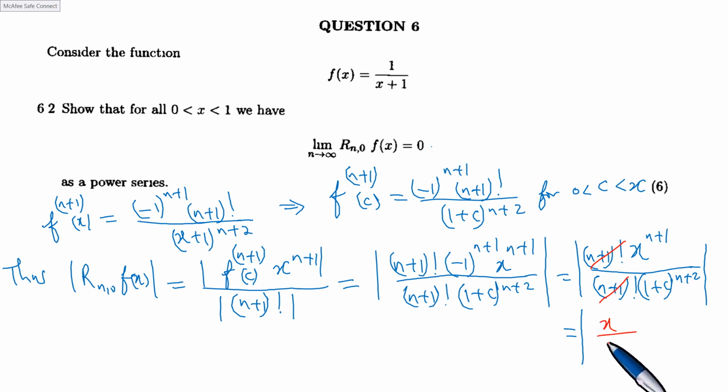And x divided by 1 plus c, which is exactly 1 plus c. Okay, so it simplifies exactly to that because you have the 1 plus c in the denominator as n plus 2, just one more 1 plus c factor.